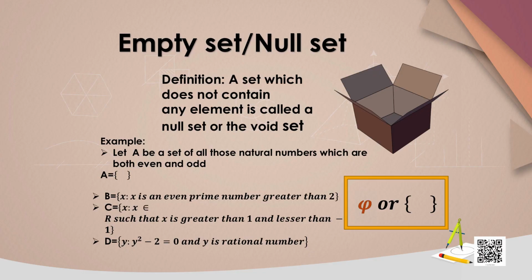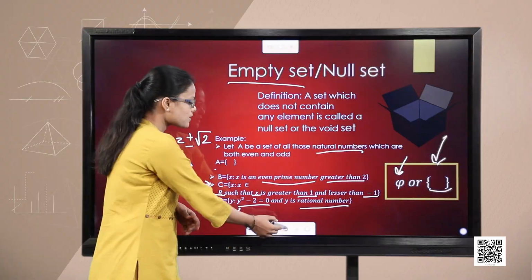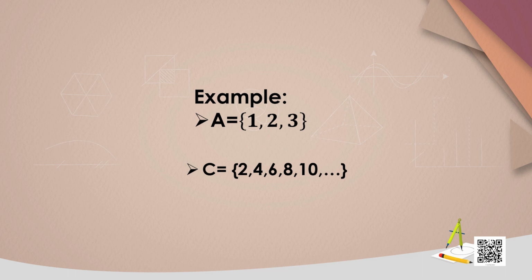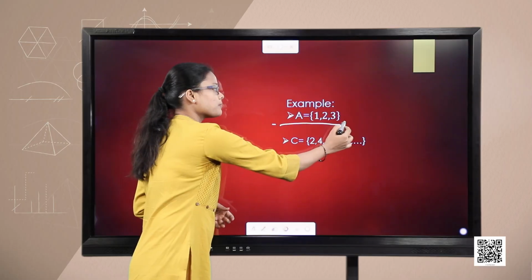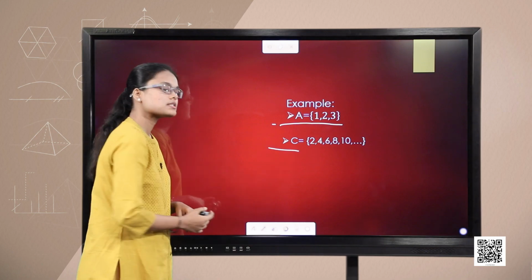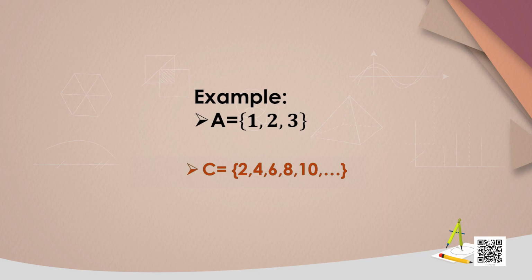Okay. Now, let us observe another example. See this example. How many elements are there in the set A? 1, 2 and 3. 3 elements. How many elements are there in the set C? Notice C is the set of all even numbers.